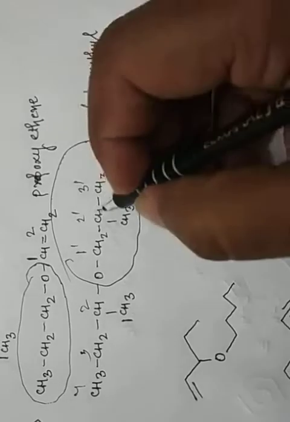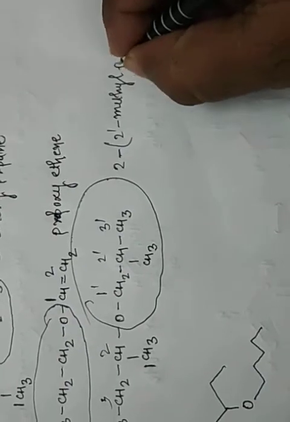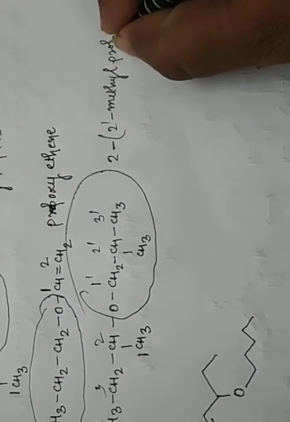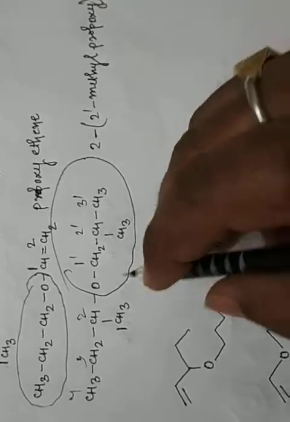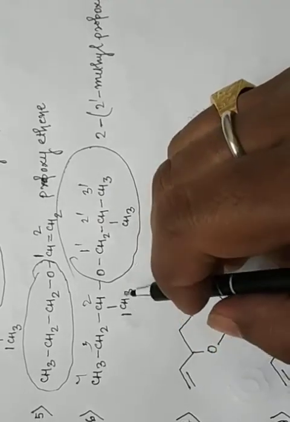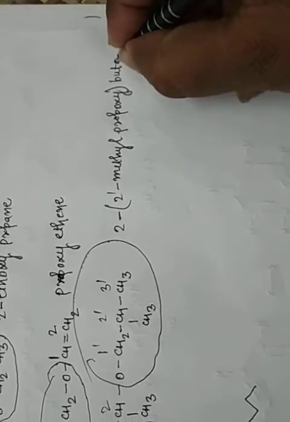And this part has a three straight chain carbon, it means 2-methylpropoxy. The bracket closes, and how many carbon in the long chain? 1, 2, 3, 4. Four means but, and the suffix is ane because of the single bond arrangement.